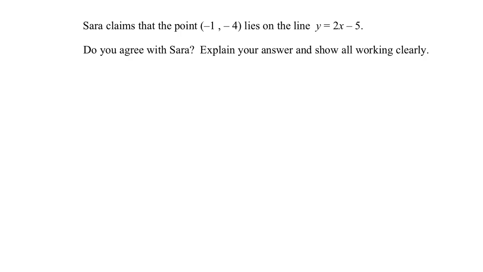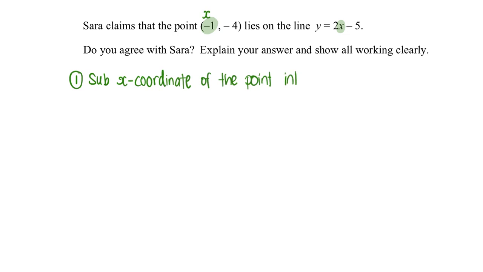So for this kind of question, we are going to substitute the x coordinate into the equation. So I repeat, step 1, substitute the x coordinate of the point into the equation.